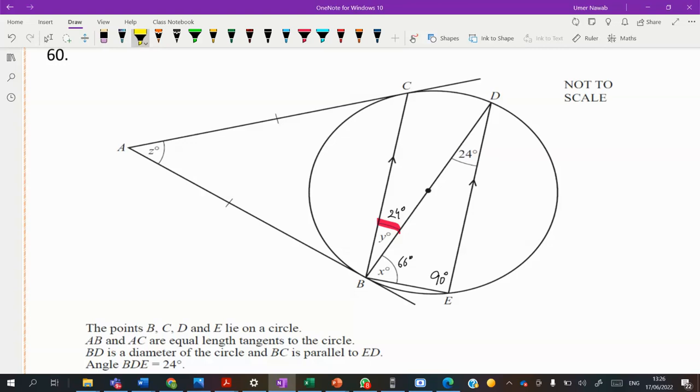Since the examiner says that this AB side is equal to AC, if he was not telling us that they are equal, by definition, the tangents from any point outside the circle are also having the same length. So it is well understood for extended students that AC is equal to BC.